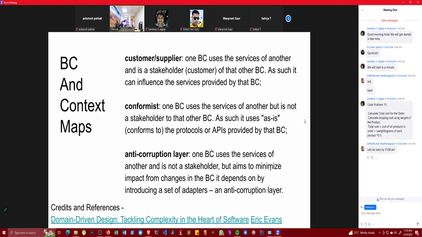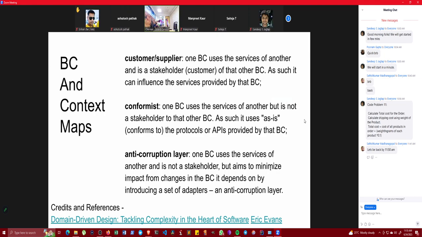And there is also the anti-corruption layer, where one bounded context uses the services of another, but they are not compatible. Let's say in e-commerce itself, we have an application where we do order management.